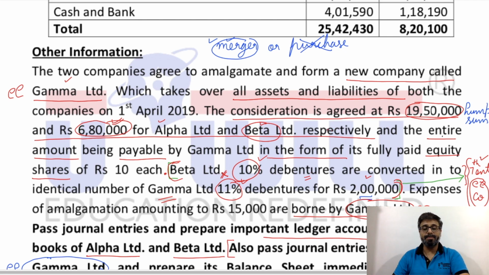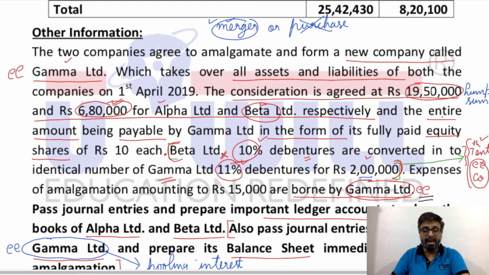And the third condition: the purchase consideration should be entirely paid in the form of equity shares only, except that a fractional amount can be paid in cash. Here, if you look at this sentence, the entire amount is payable in the form of equity shares. So these three conditions of merger are satisfied.